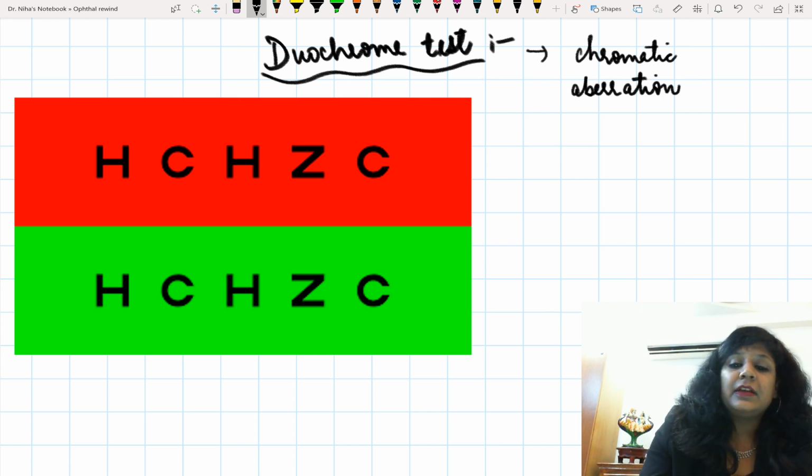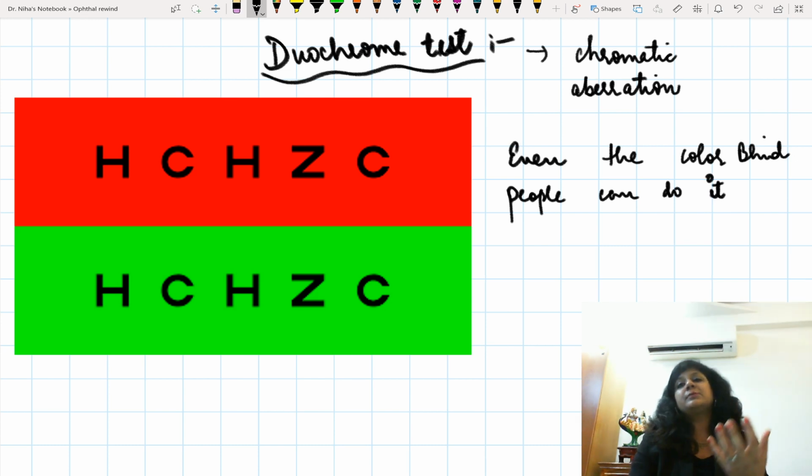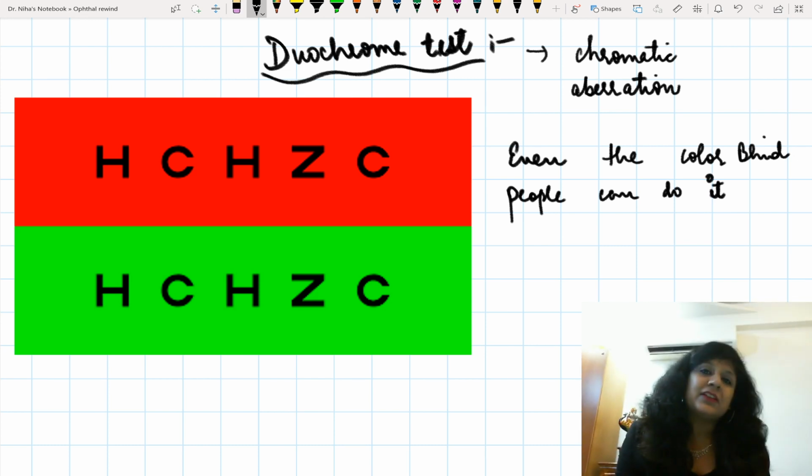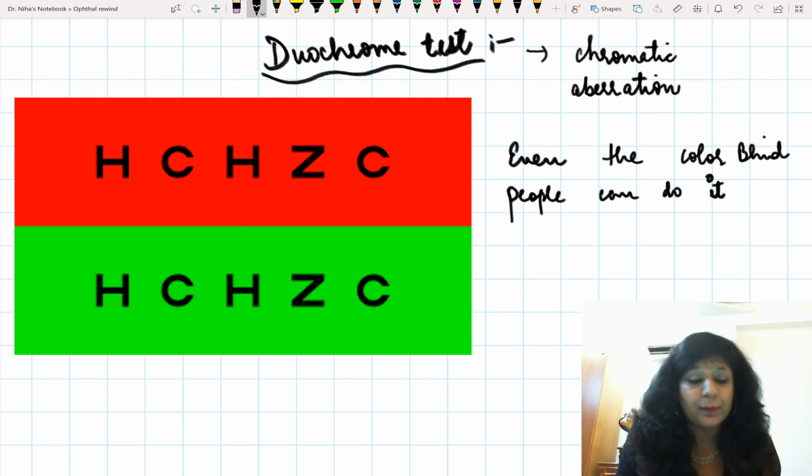Even colorblind people can do it, because it is not based on the colors, rather it is based on the chromatic aberrations. That is why it is applicable even for colorblind people, so it's not a problem.